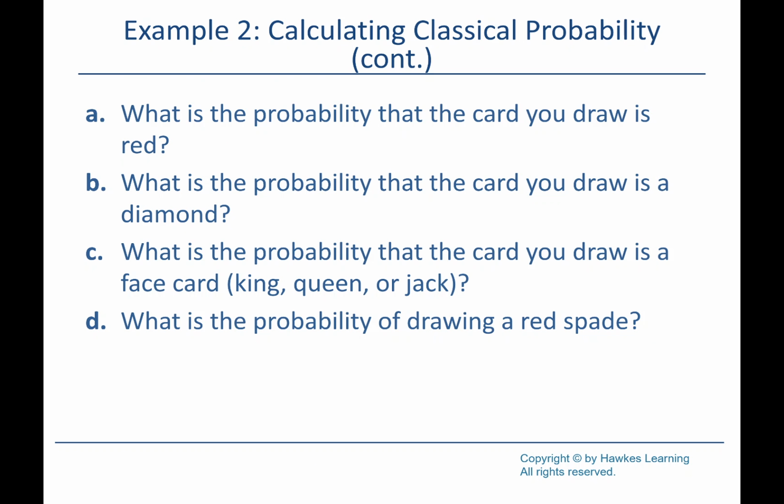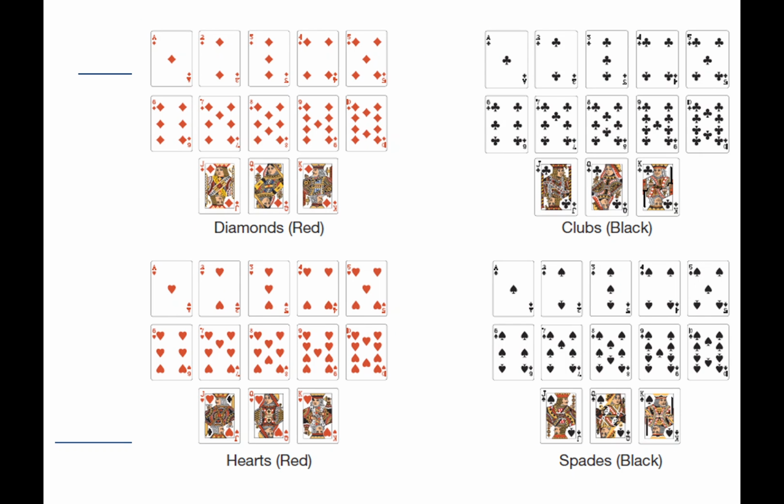So let's look at the first one here. A says, what's the probability that the card you draw is red? To do classical probability, we need to figure out how many red cards we have, because we are counting the ones that have the characteristic we're looking for. There are 13 of each suit, so if you remember that, you don't necessarily have to count. There are 13 diamonds and 13 hearts. If we put those together, we've got 26, so 26 out of 52 cards in the deck.